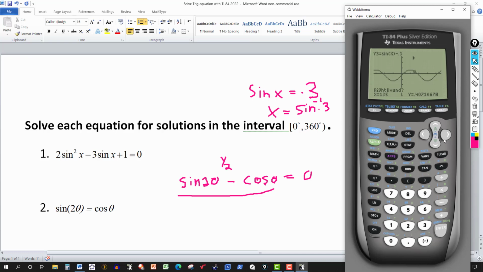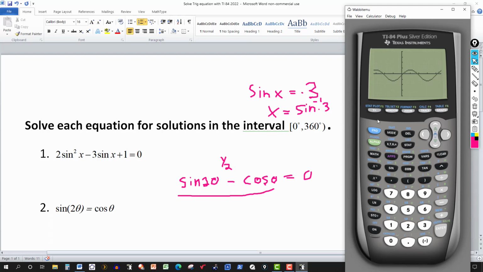Then once the right bound, so we go past it, hit enter. The guess you can ignore, and then it gives you again 0, and there's your y equals 0. So this is an approximation, so you can round it off: either 162.54, 2 places, and that of course is in degrees.